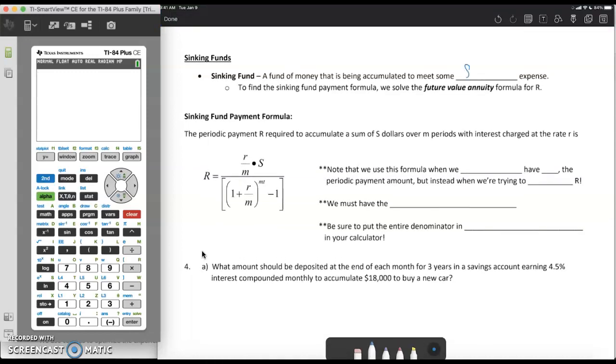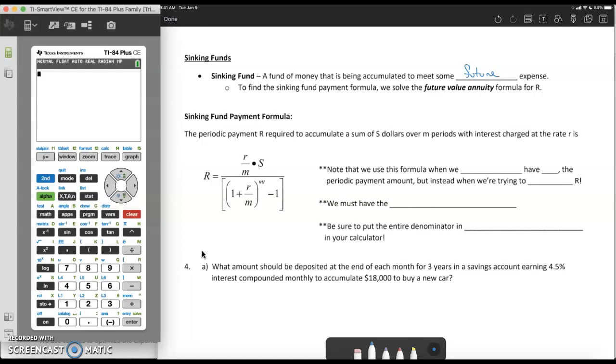We've sort of already seen that in our example where the grandparents were putting money into an account to meet this future expense of their granddaughter's college. Okay, so this is the same idea. What a sinking fund really is, is that future value annuity formula that we already know, solved for R. That's the only difference. So future value annuity and sinking funds are really the same thing.